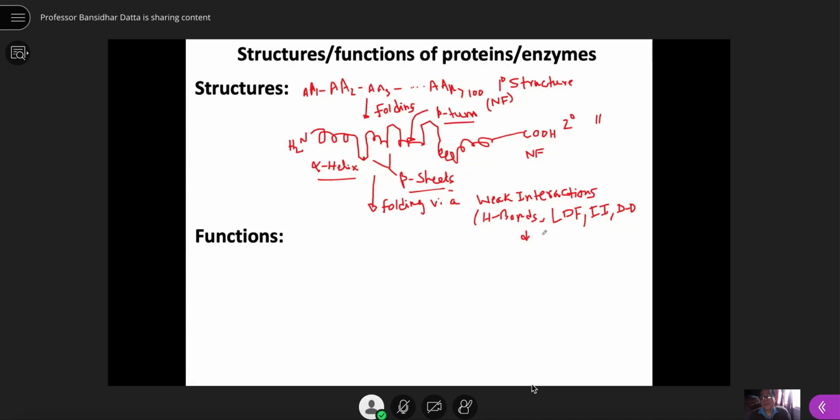That's another important one. HP. What's the HP? Yeah, hydrophobic interactions.